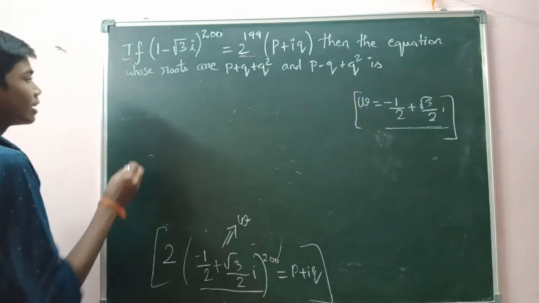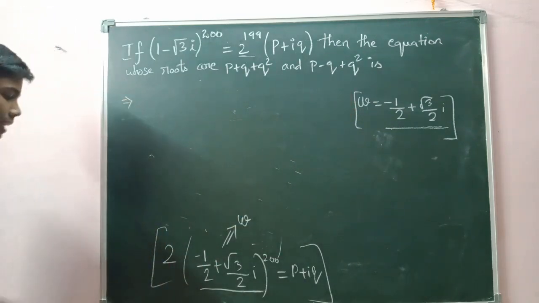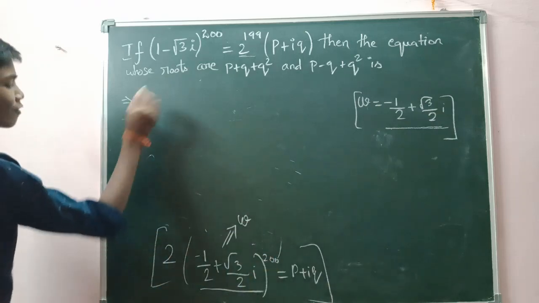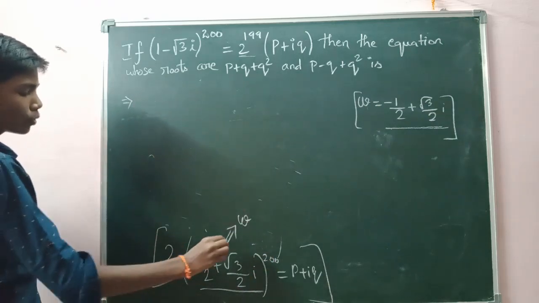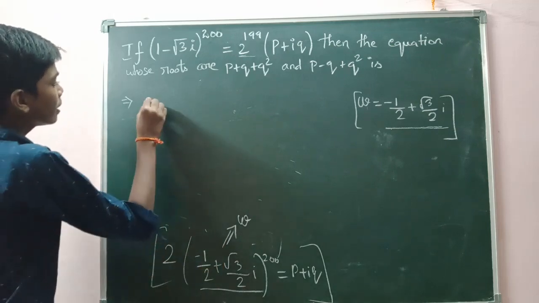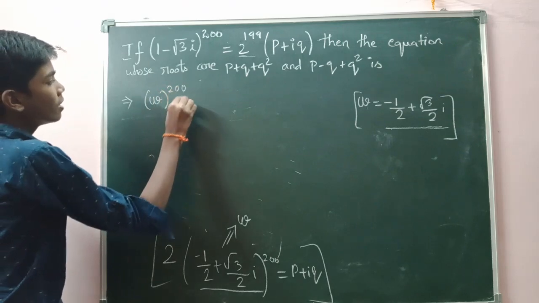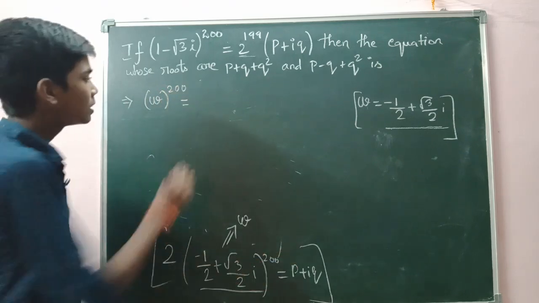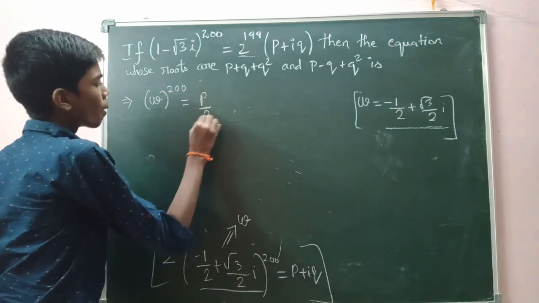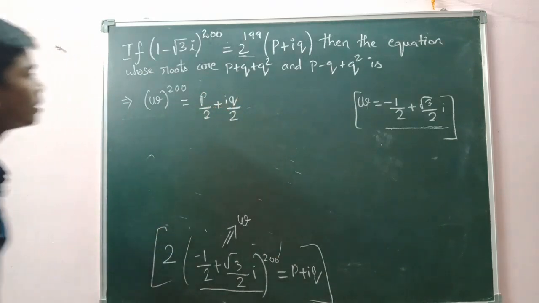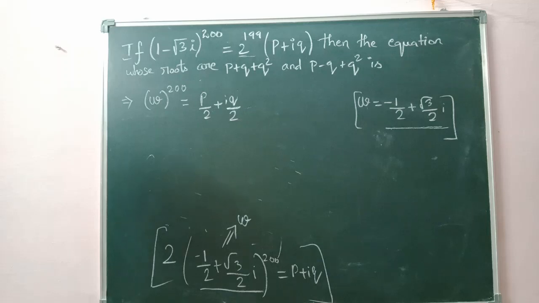So therefore, the same equation I can write it as, this 2 I can take to the RHS. Therefore, I will get minus 1 by 2 plus root 3 by 2 iota, which is omega, whole power 200 will be equal to p by 2 plus iota q by 2. Okay, now the question is very simple.